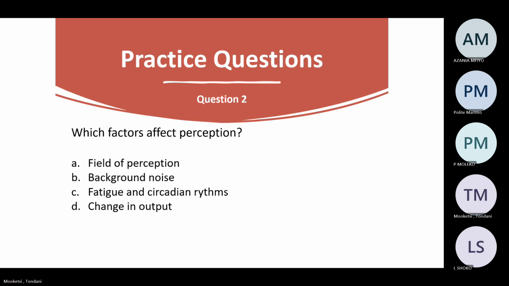So it is all of the above, but we don't have an option for all of the above, but all of them are correct. So Azania, even when you're saying B and C, they are correct. So this question should have an option for all of the above, because all of these are factors that affect perception.